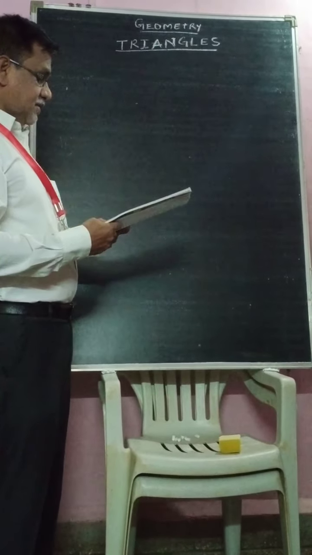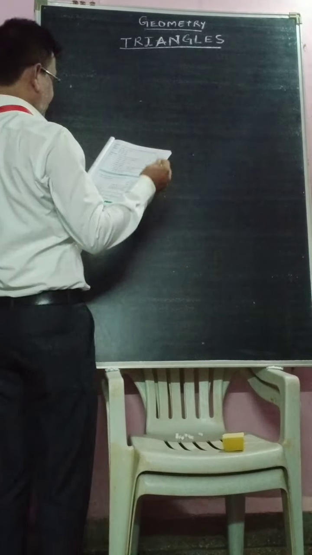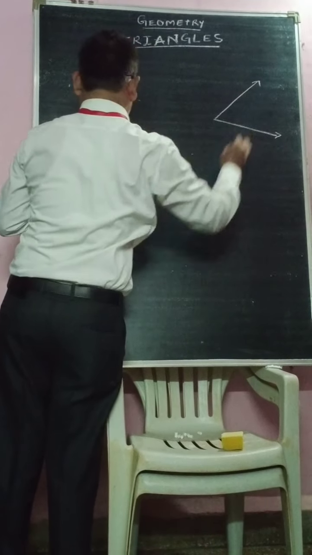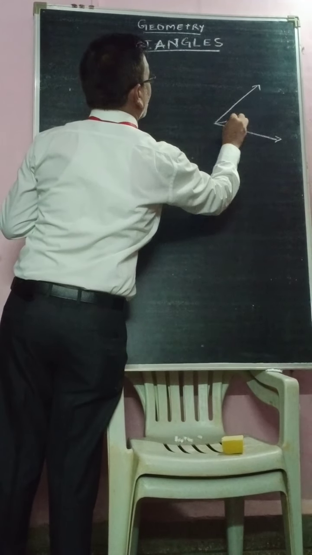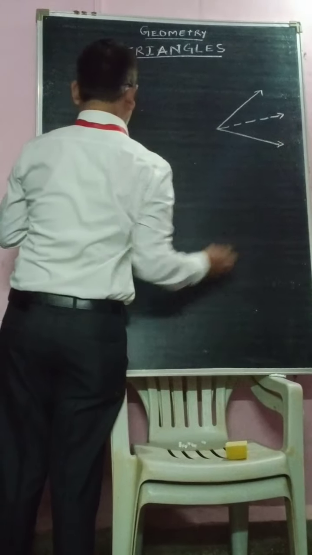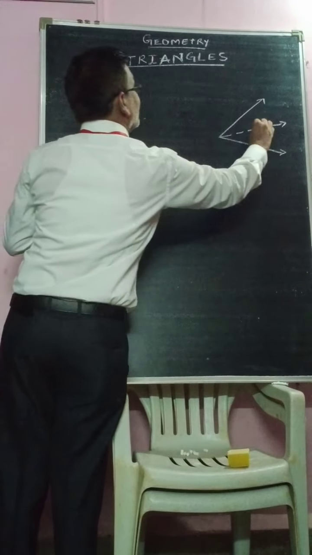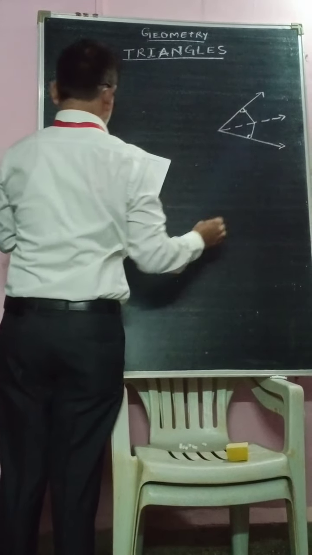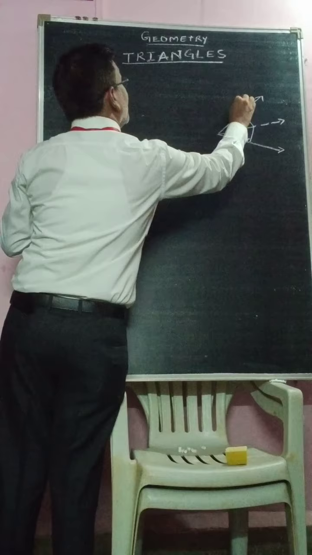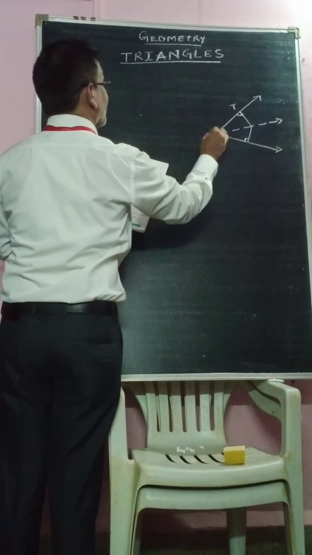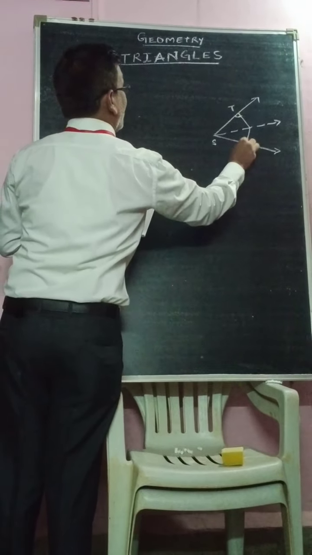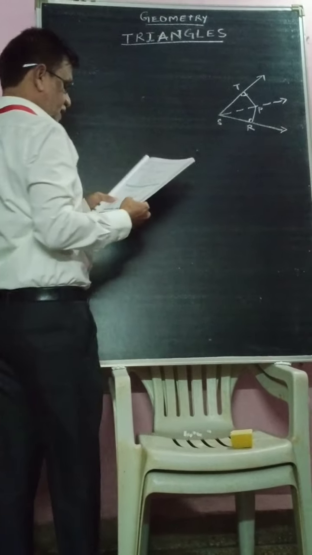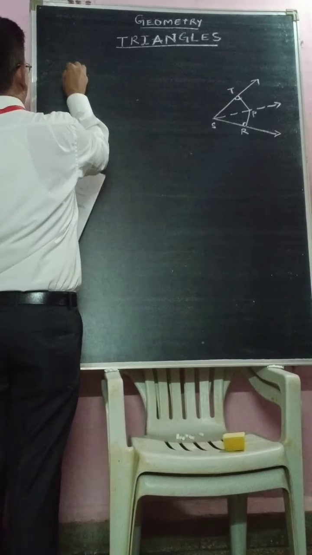Now the second sum. Here also one diagram is given. This is the given diagram. This is perpendicular, this is also perpendicular. This is T, this is S, this point is R, and this point is P. Now what is given here?